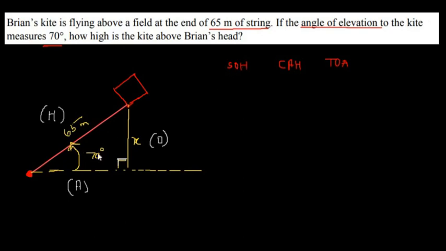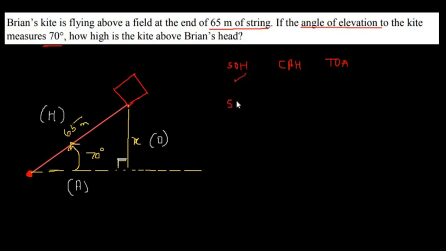If we use sine of 70 equals opposite, the opposite is the x which we need to find, one unknown we have, and the hypotenuse which is 65. So SOH is going to work here, so we stick to it.